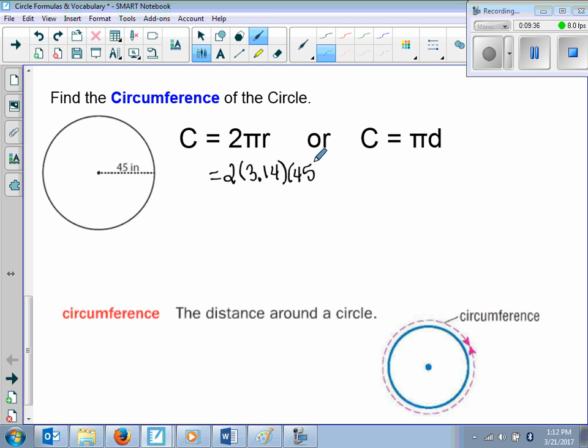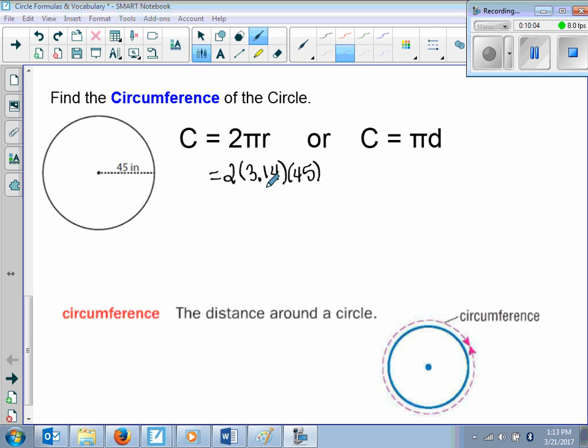Okay? Now, let's talk about units for a second. We want to know, is it going to be inches or is it going to be inches squared? Okay? So, let's take a look. Do I have any units on 2? No units on 2. Any units on pi?